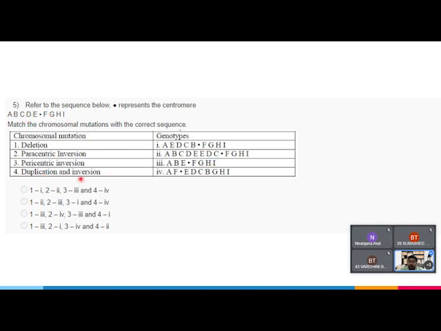And 4 is duplication and inversion, in which we duplicate our entire one part of the chromosome and invert it and add it. So that goes with 2. Anyone else that wants to answer?